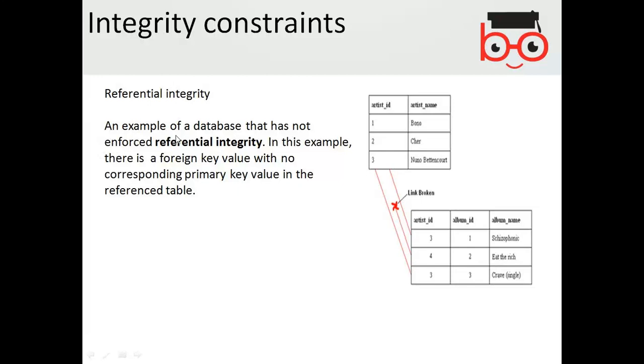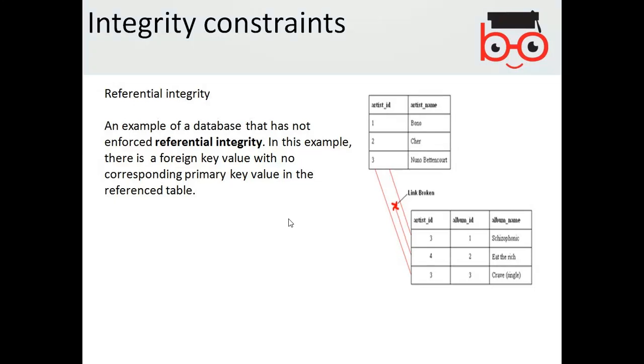What we can say is that a database that has not enforced referential integrity, in this example, has a foreign key value with no corresponding primary key value in the referenced table. So if this is the case, the referential integrity is not enforced. So in this way you can define what referential integrity is.